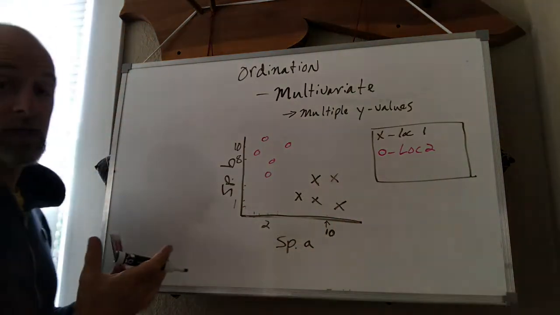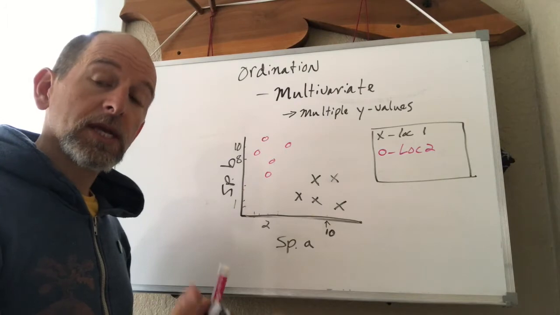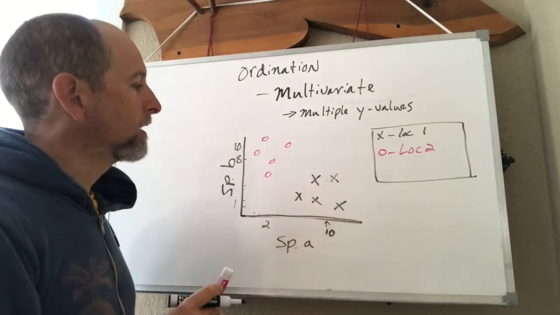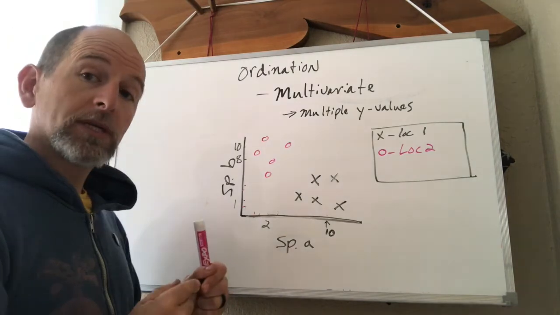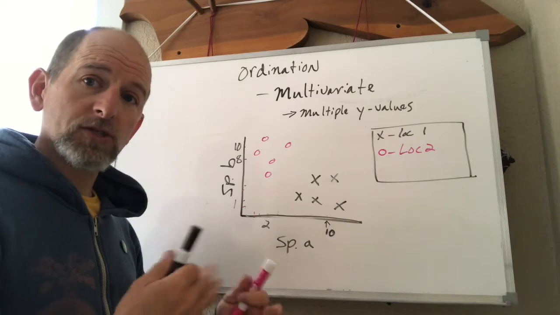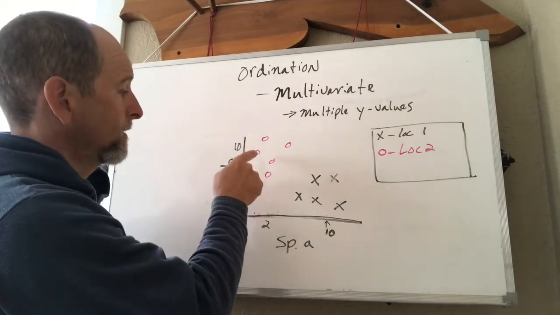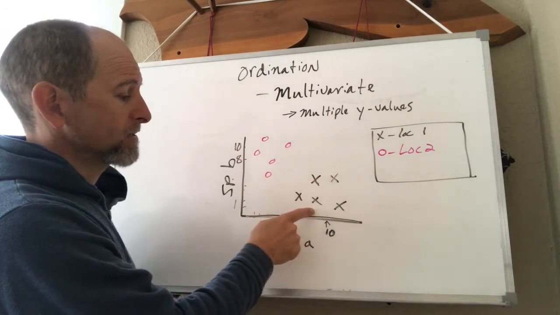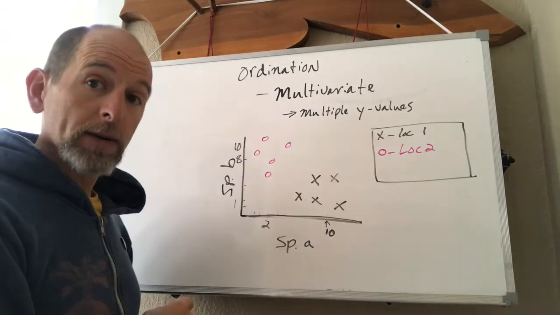Both of these communities would have a high amount of one species and a relatively low amount of the other. So they might have similar evenness, but distributed between two different species, where species B is abundant in location 2, species A is abundant in location 1.